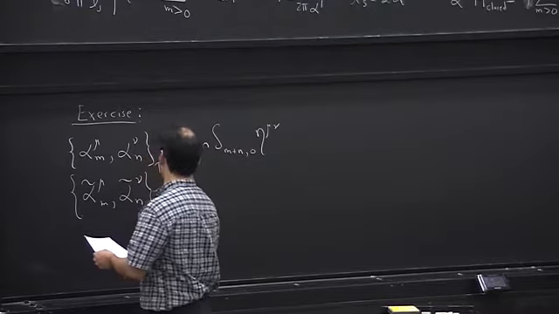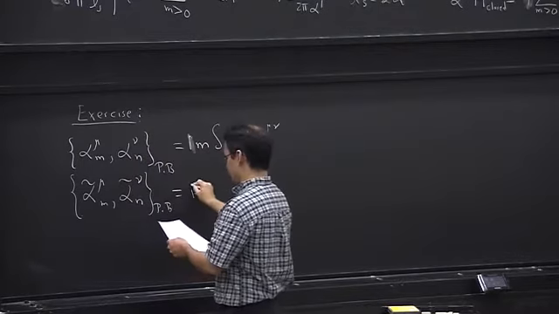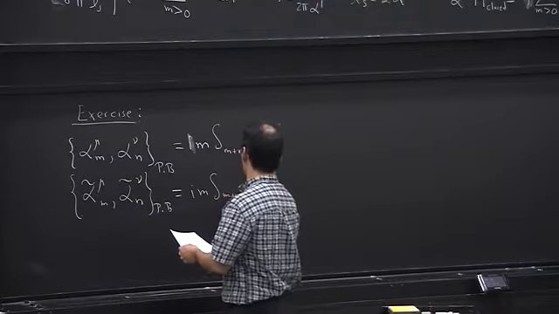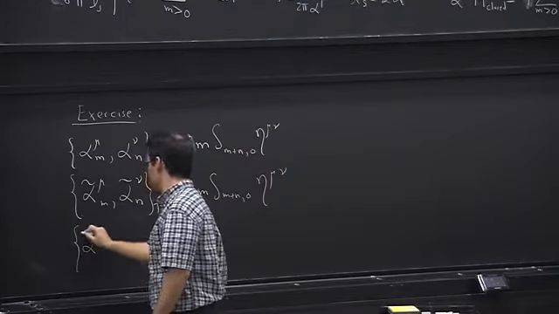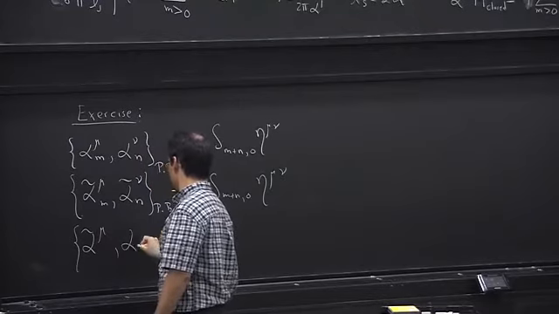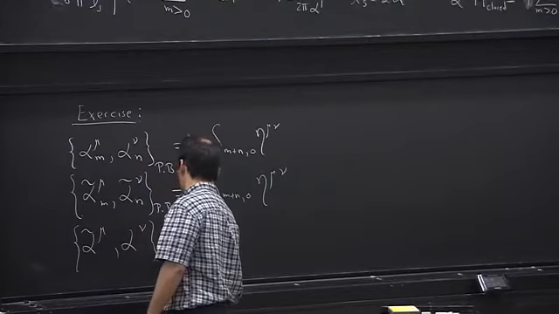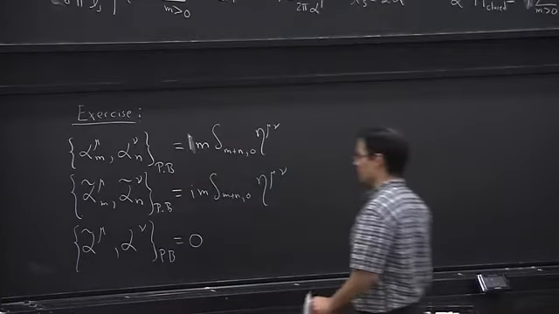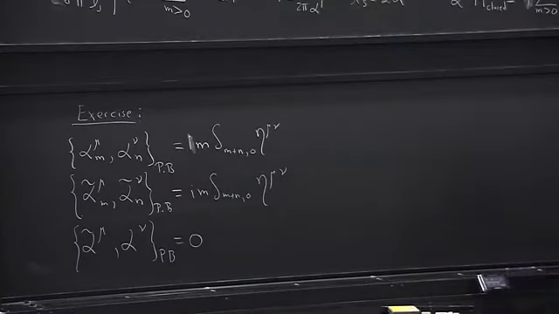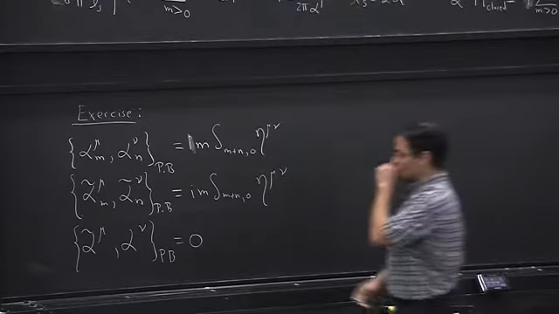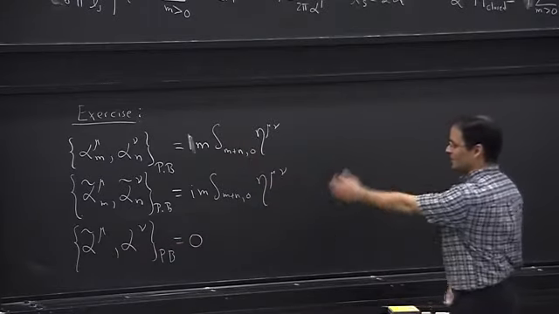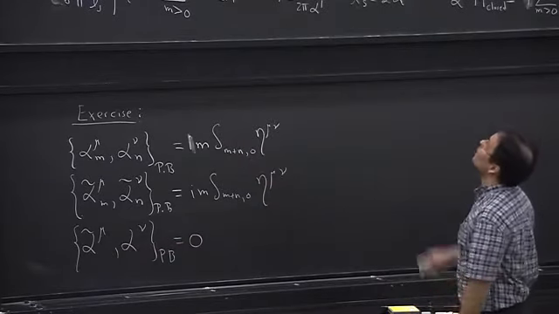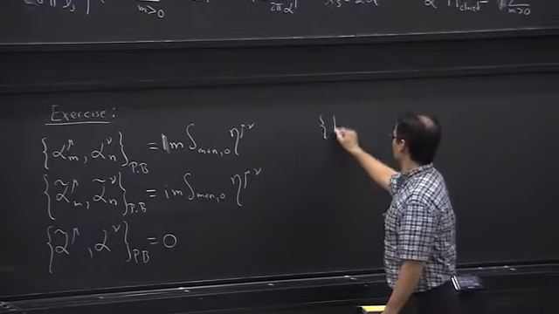So we get two copies of the same algebra. And of course, modes in different sectors will give you 0. Now, using these Poisson brackets, you can go ahead and compute the Poisson brackets of the L's.